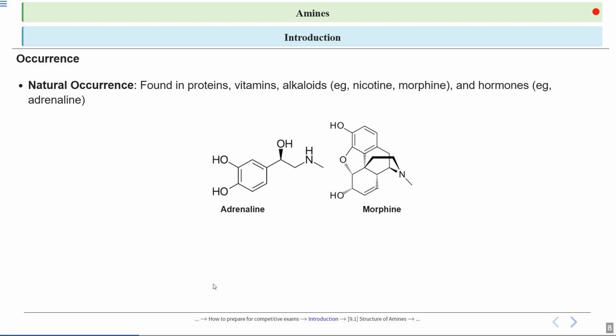If we look at these two images, these are two well-known molecules that contain the amine group. Over here, this is the amine group, and over here, this is the amine group. This is adrenaline, which is a hormone that helps your body respond to stress, while morphine is a powerful painkiller which is derived from plants.